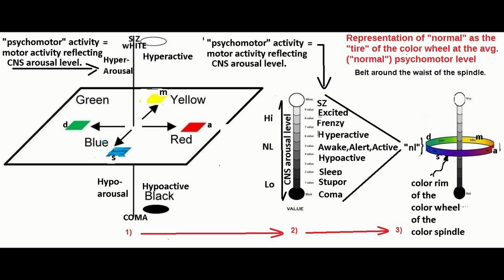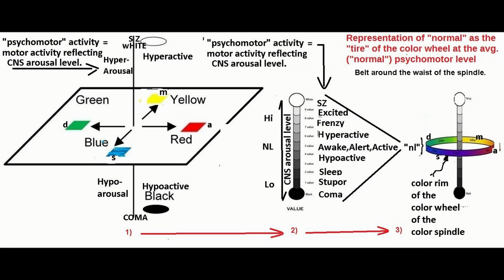Over in the middle part here, it says psychomotor activity, motor activity reflecting the CNS level, and this concentrates on this vertical up and down axis, which is actually the grayscale of the color spindle, but I'm using it to indicate the CNS arousal level.